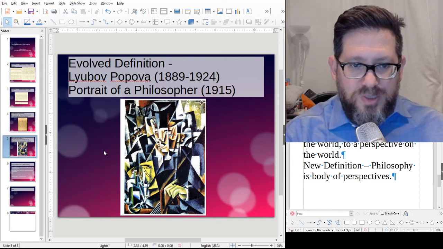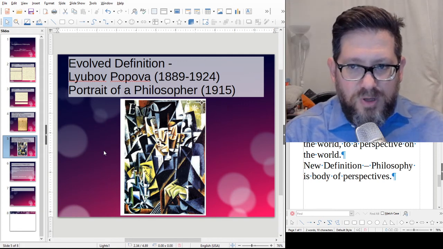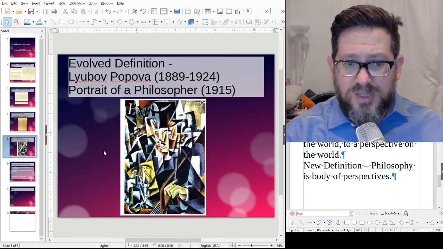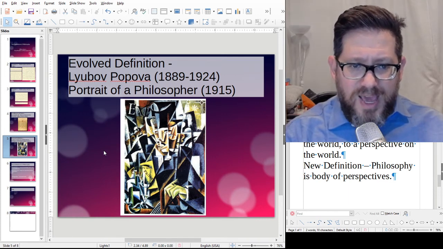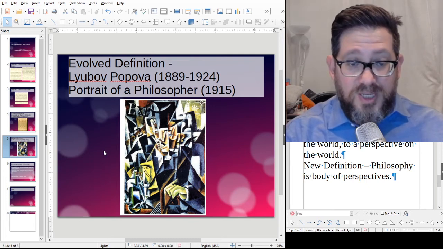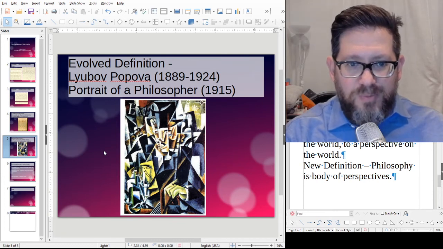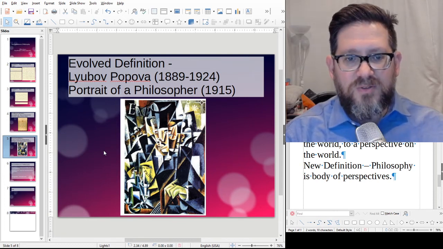And what is Cubism but a painting composed of all these different snapshots, all put together, all different perspectives, slightly different angles? So what do we have in this painting? We have a body of perspectives of a philosopher.